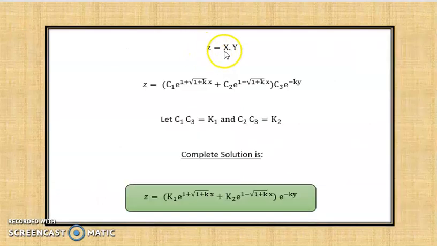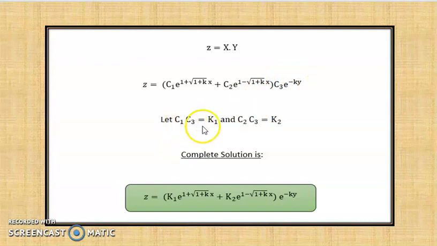We have z equal to X into Y. Substituting the values of X and Y, we get z equal to c1 e raised to (1 plus root of (1 plus k)) x plus c2 e raised to (1 minus root of (1 plus k)) x into c3 e raised to minus ky.